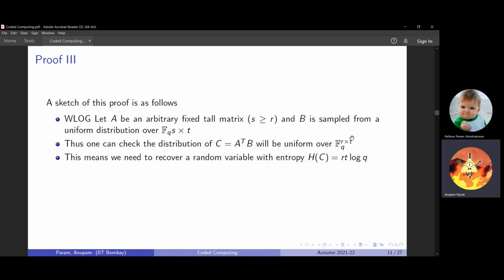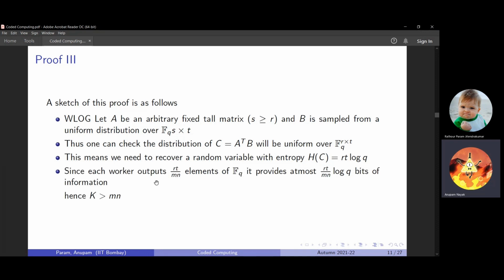We have RT entries in this matrix and each has an entropy of this much. So we need to effectively recover a random variable whose entropy is RT log q. Since each worker outputs RT by mn elements of F_q, it can provide us at most RT by mn log q bits of information.